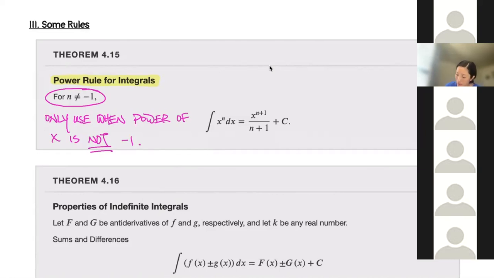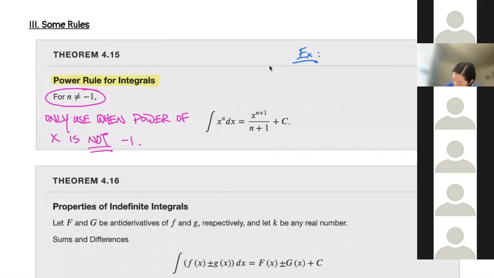And so if we do a few quick examples here, the rule looks very intimidating, but let's do this. All right, so this is a new symbol for us too. So I want to take some time to talk about this symbol here. That symbol is called an integral symbol.